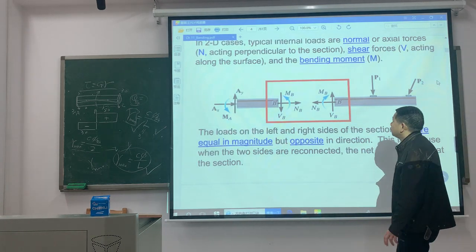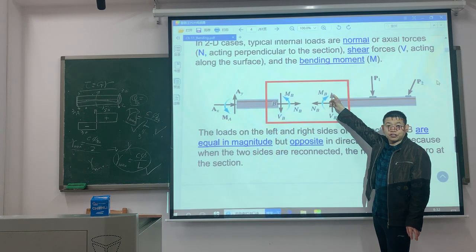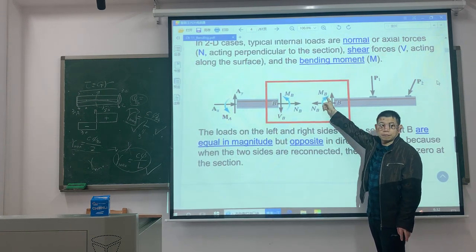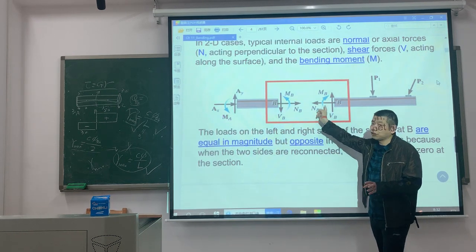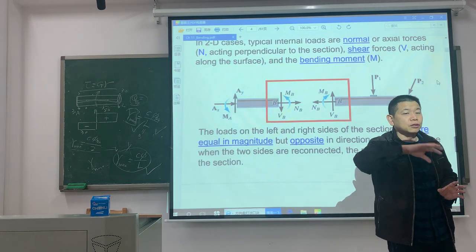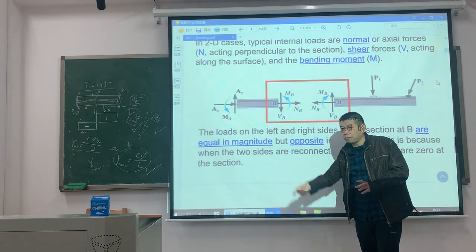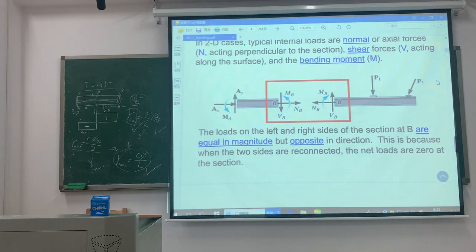There are shear force, the moment, and in general, the normal internal force. The normal internal force is 0 in general.